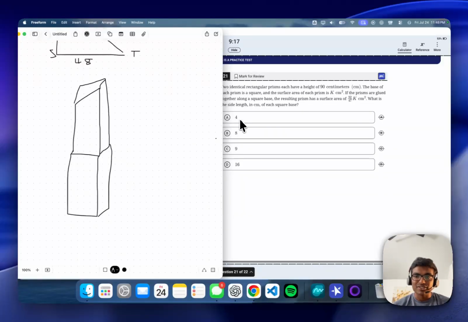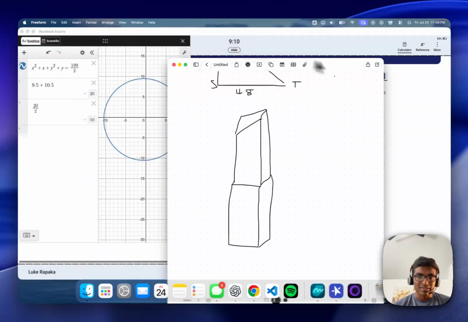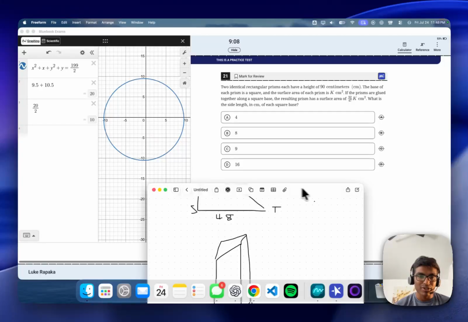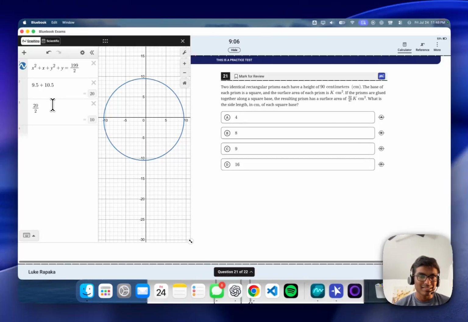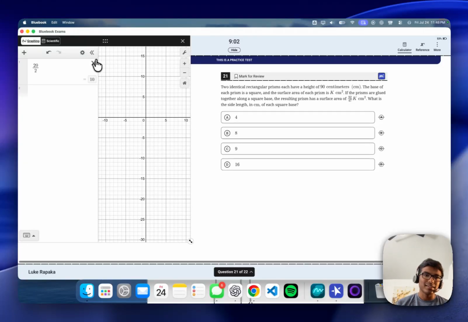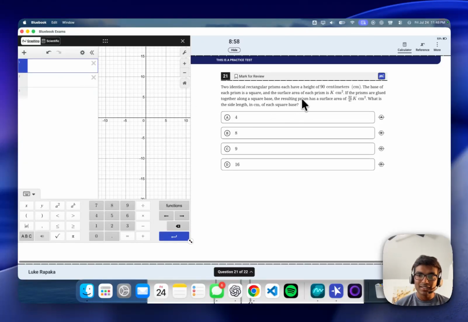It's trying to tell us to find the surface area. So we know the formula. I'm just gonna move this over here. We know the formula for a prism is length times width times height, right? We know the height is 90, right?